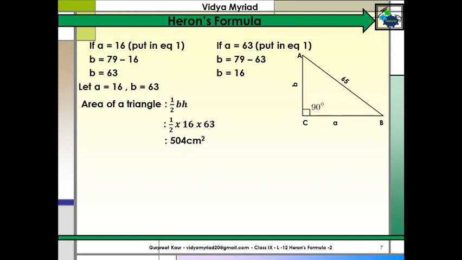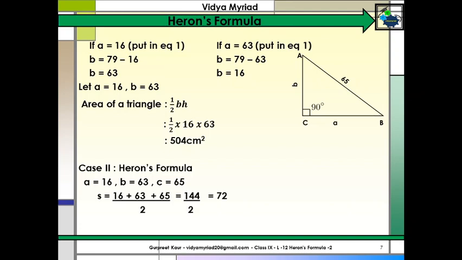Now what do I need to have in Heron's formula? All the three sides. That means you have the values A is equal to 16, B is equal to 63 and C is equal to 65. Next step is calculating the semi-perimeter, which comes to 72. Now find out the area of the triangle.